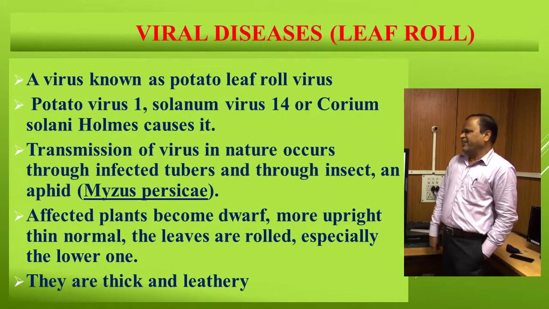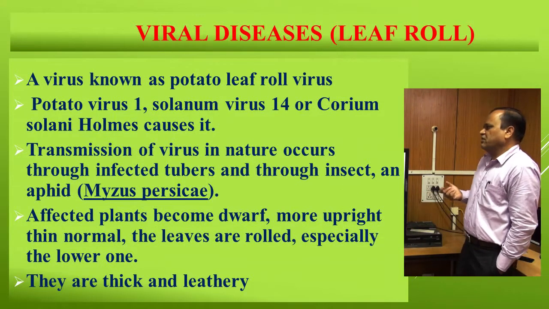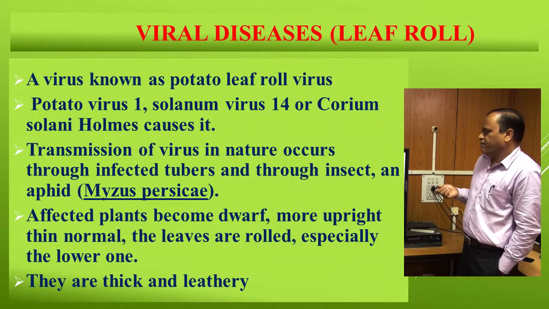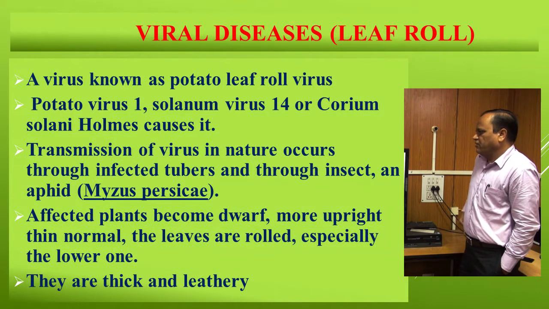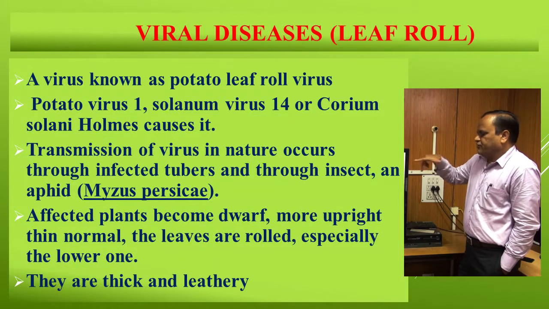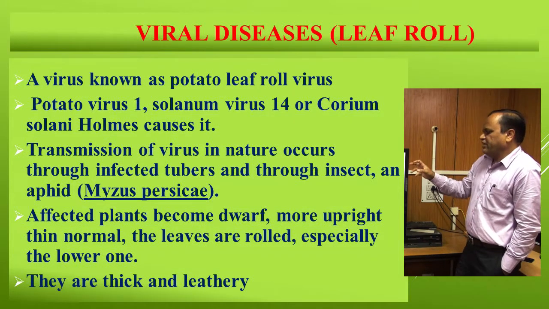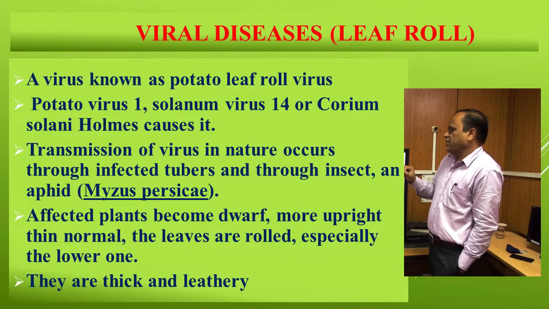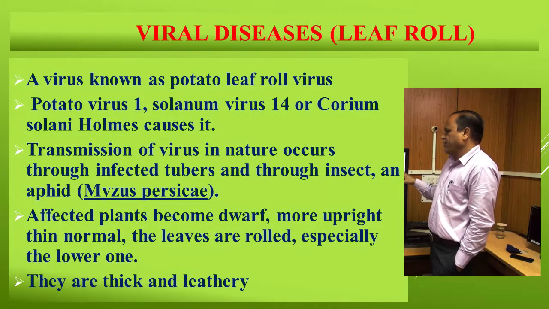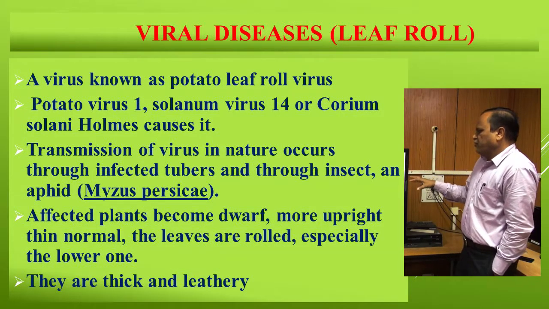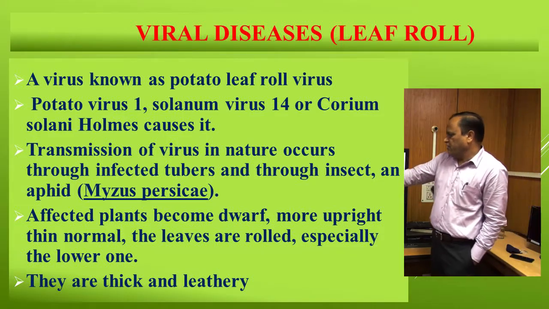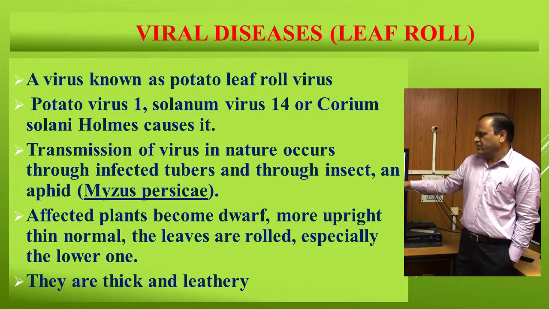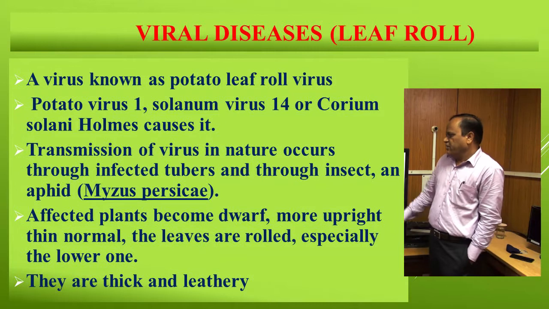Now viral disease. A lot of viral diseases are found in potato, like leaf roll. A virus is known as potato leaf roll. A lot of genotypes are found for the causal organism of this viral disease, like potato virus 1, Solanum virus 14, Corium solani Holmes causes it.